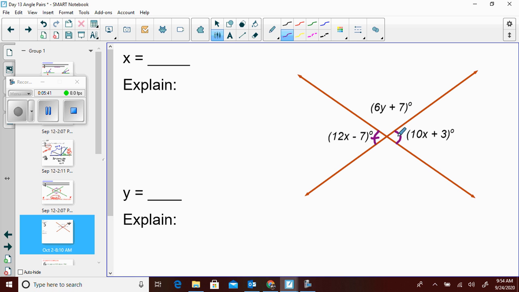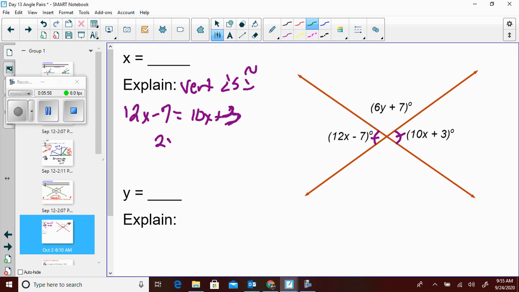They are the same because vertical angles are congruent. So I have 12x minus 7 is 10x plus 3. Now that's just 3. So I have 2x is 10, x is 5.